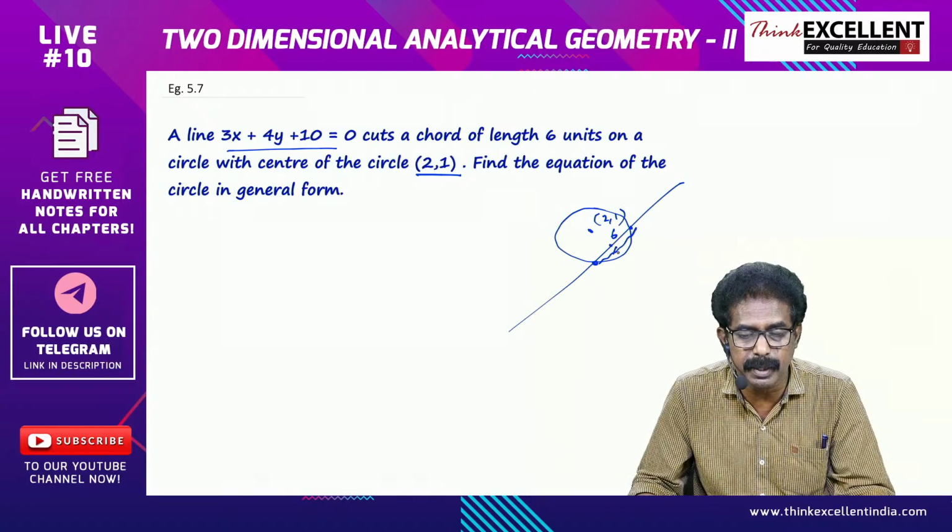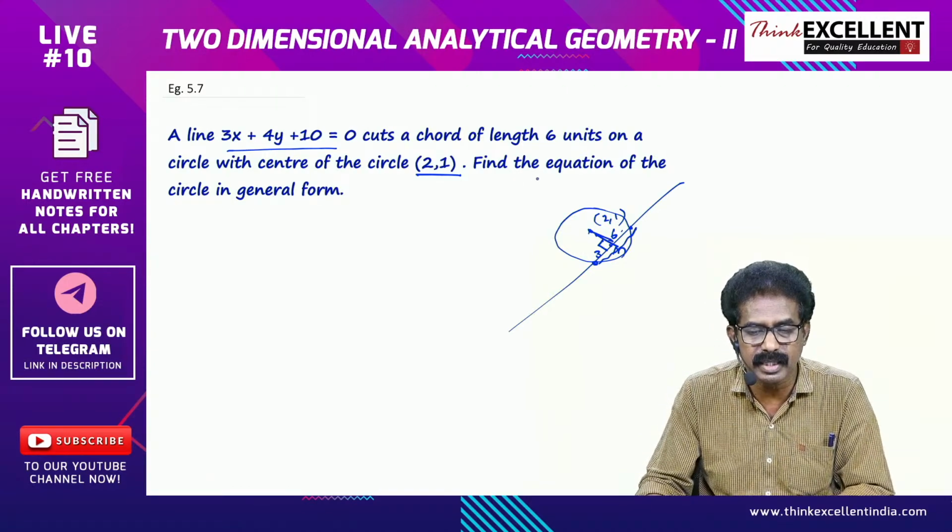If I join and take the midpoint, it will come as (3, 3). Also it is perpendicular. So find the equation of the circle in general form. Okay, we have to find only the equation of the circle.